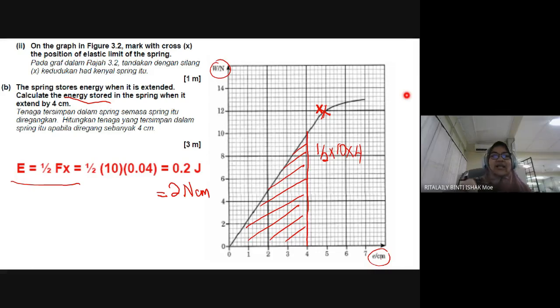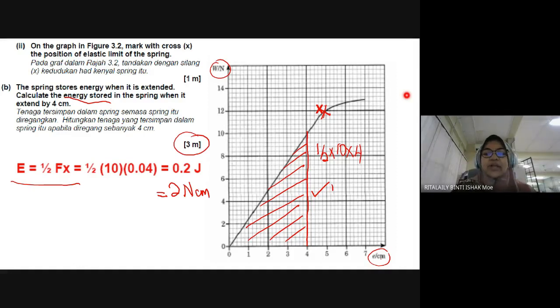Dan satu lagi. Kalau awak tengok, markah 3 kan? Okay, where are the marks given? The first mark, since you are given a graph, comes from the area under the graph. Maksudnya awak tunjuk dekat graph tu.